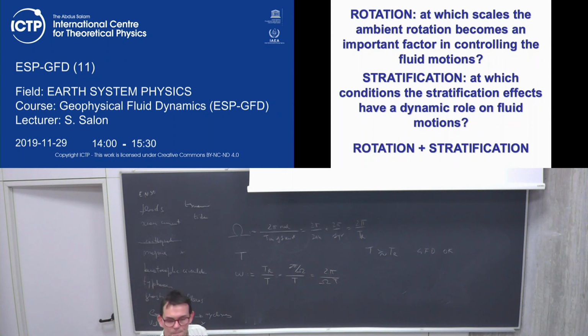You mean the tsunami, is it GFD or not? Tsunami is a very subtle and specific subject, because it's a very fast wave. The trigger of a tsunami is an earthquake, a sea-bottom earthquake.